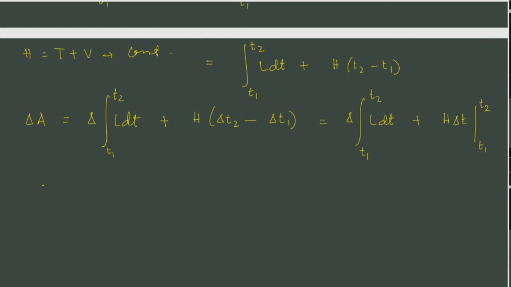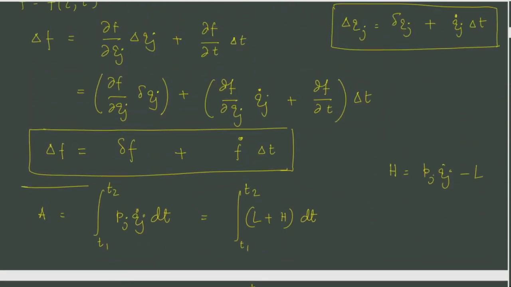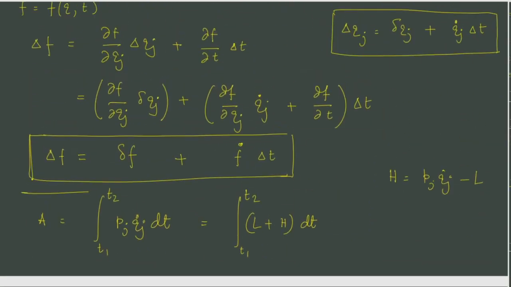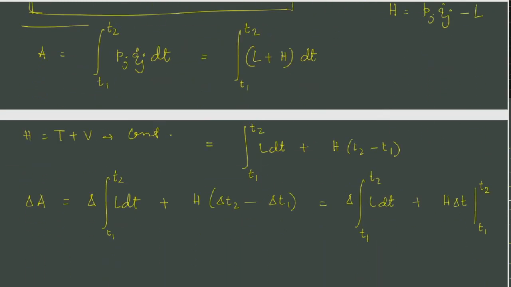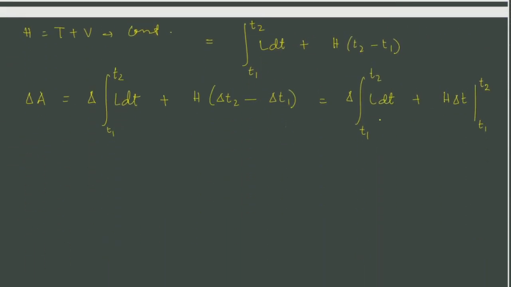But you remember we got an important result here, that delta f is the variation of f plus the total time derivative times delta t. We use that for this integral.